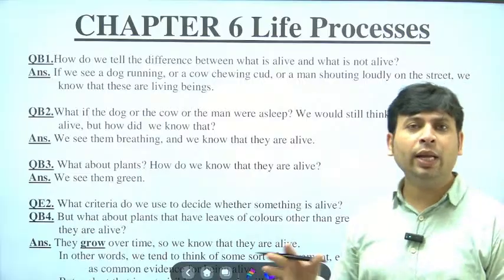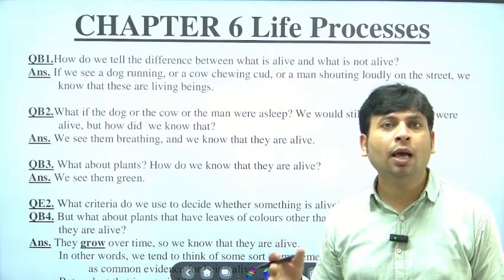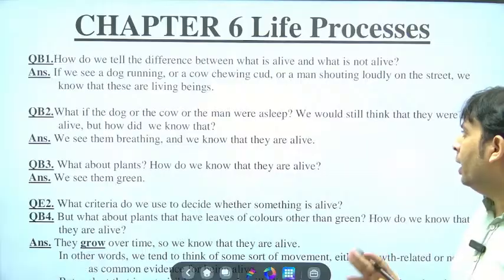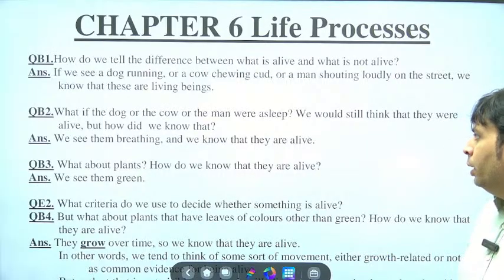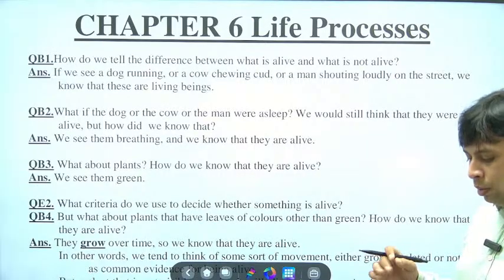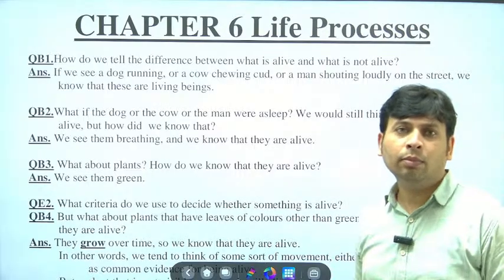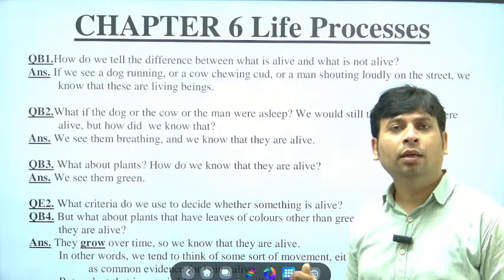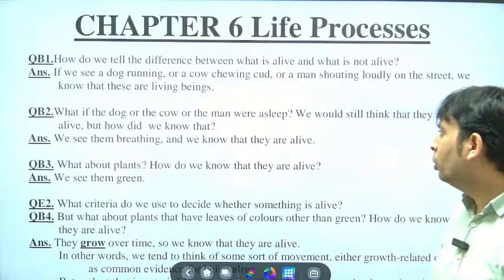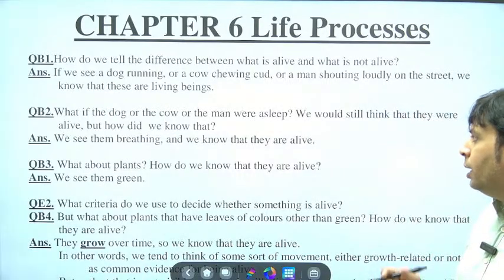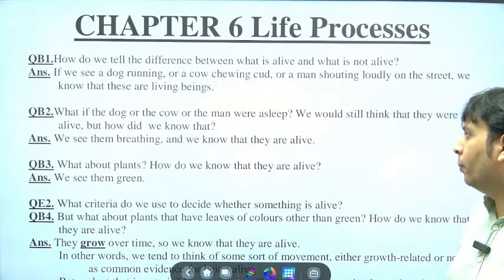But what when they are sleeping? Then how do we know that they are living things? While anybody is sleeping, their breathing is continuously going on. So then we understand that it is living.